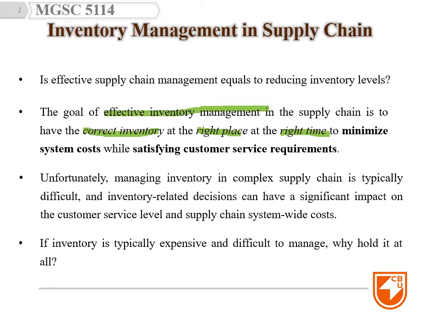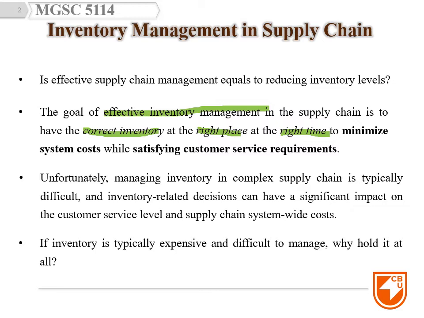So that's why in inventory management, we are trying to answer 2 basic questions. I will discuss it in next slides, which is how much to order and when to order. So based on this discussion, it is clear that in inventory management, we are trying to answer 2 basic questions. And that's all about inventory management.